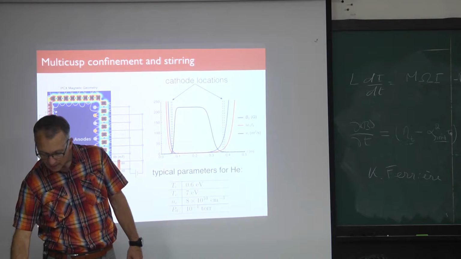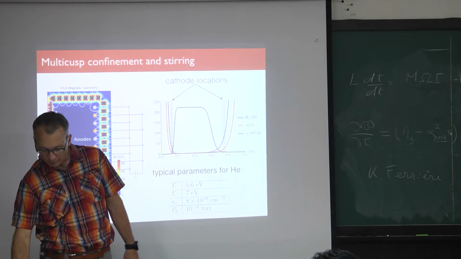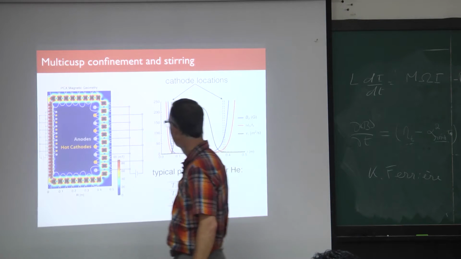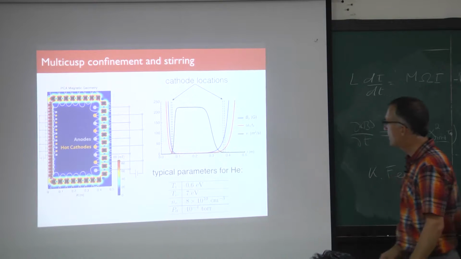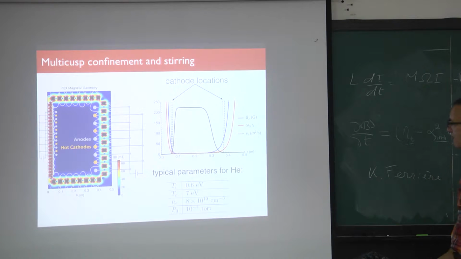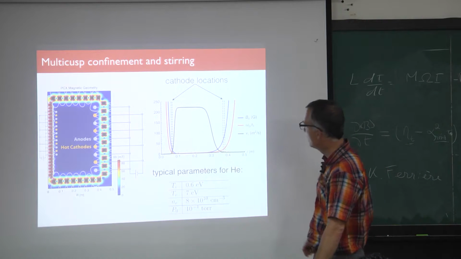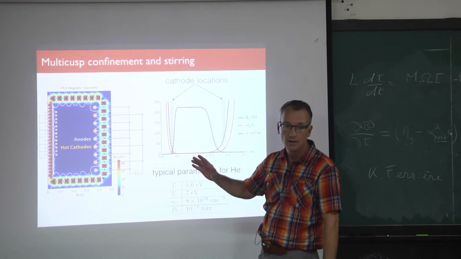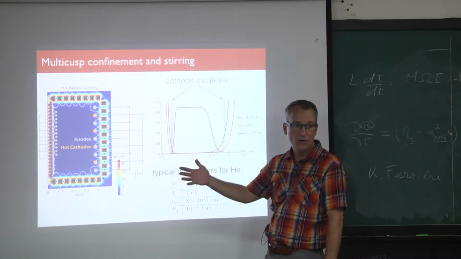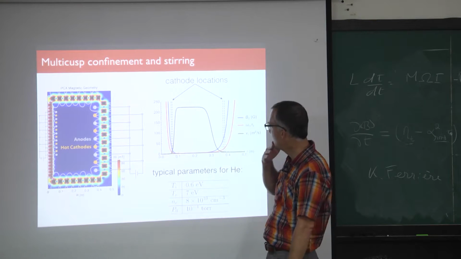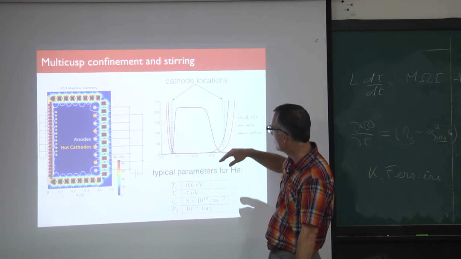Okay. Now, here's a peculiarity about plasma and magnetic fields. The viscosity of plasma depends on the strength of the magnetic field. And I'll come back and I'll show you more about this later.